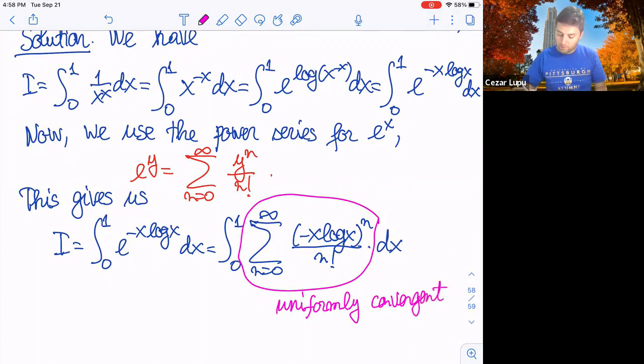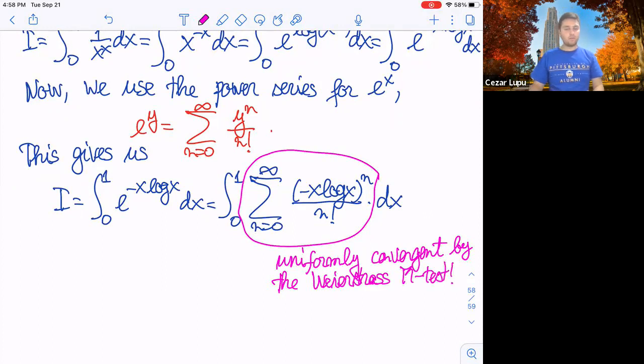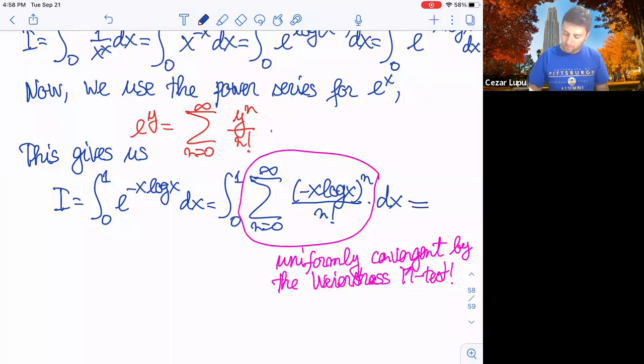I'll leave the details to you. By the Weierstrass test, it's pretty easy to see that it's uniformly convergent. So, since it's uniformly convergent, no problem. I can swap the integral with the series.